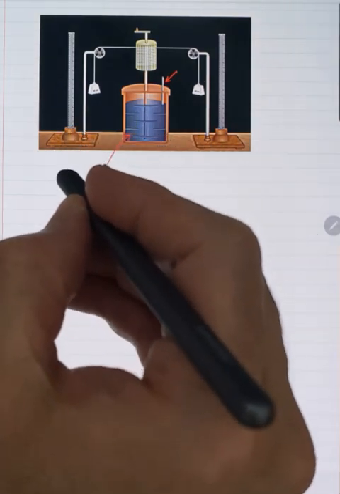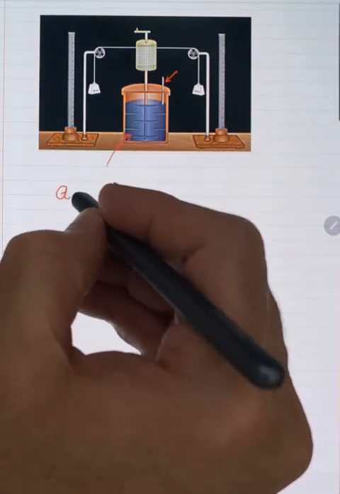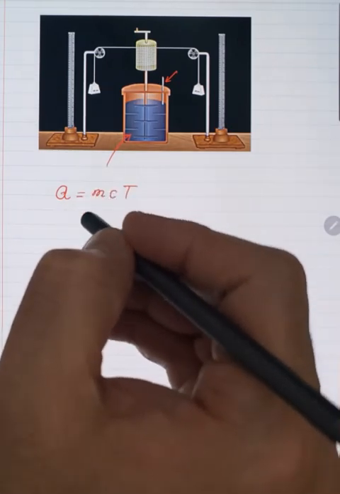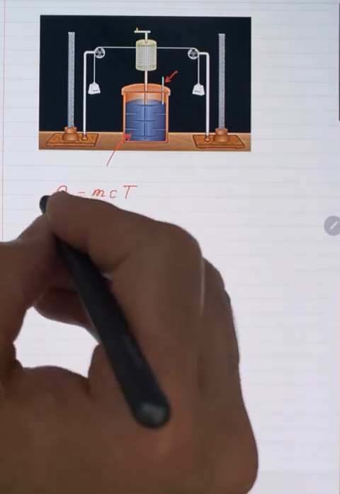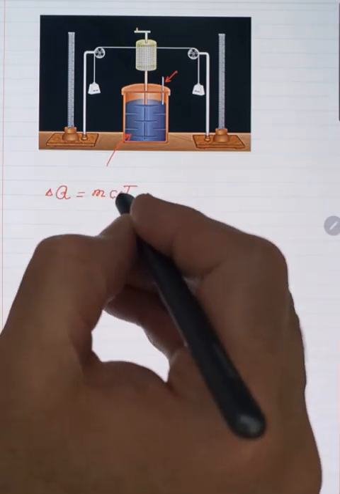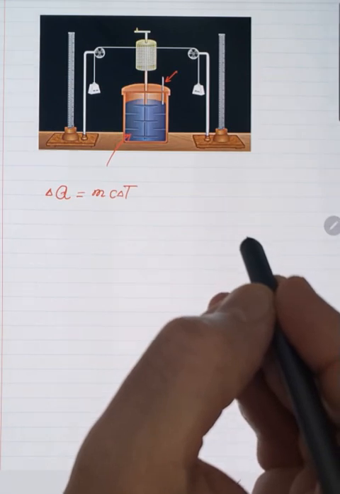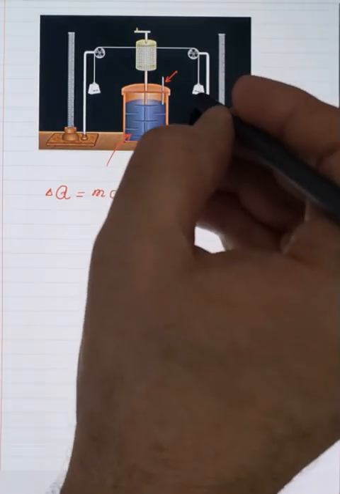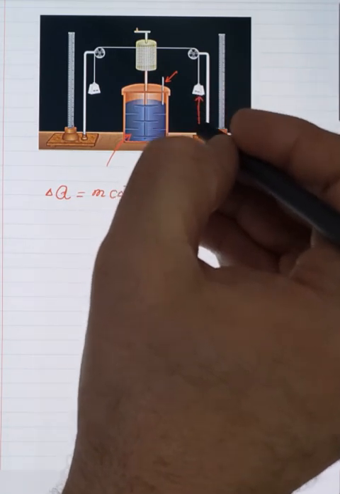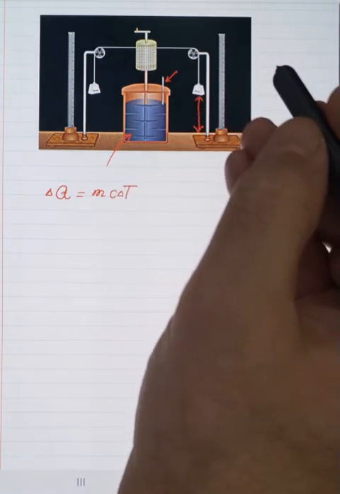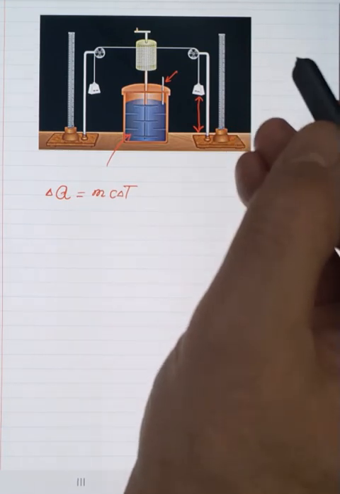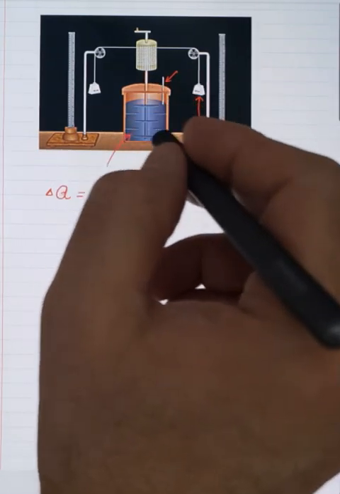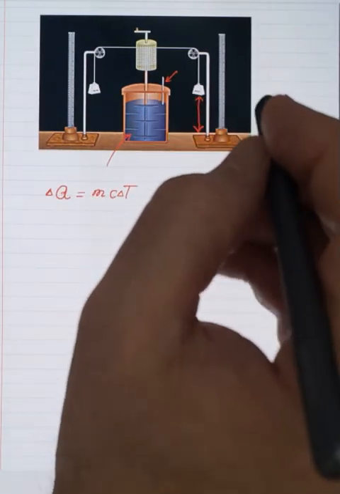So when you use Q with calorie, we know that Q is mCΔT, where ΔT is T2 minus T1: the temperature at the beginning and the temperature after the two masses go down. Then basically we know how much energy we pumped into the water.